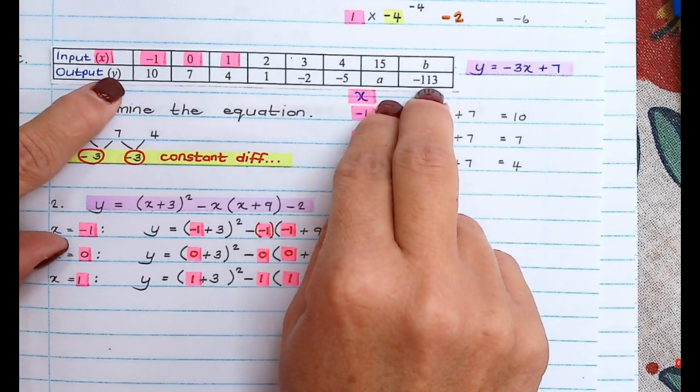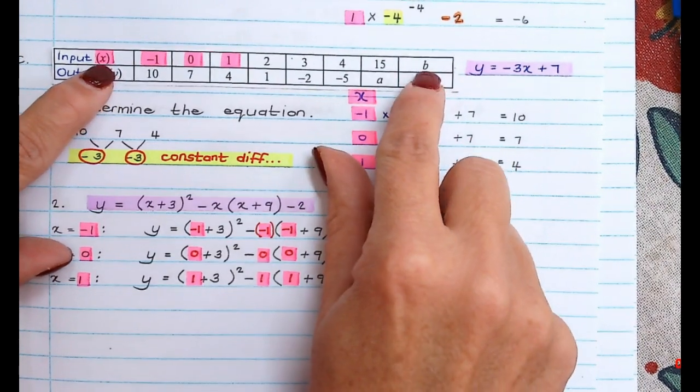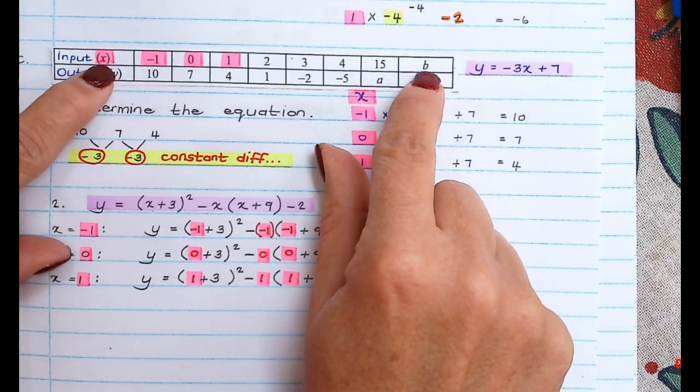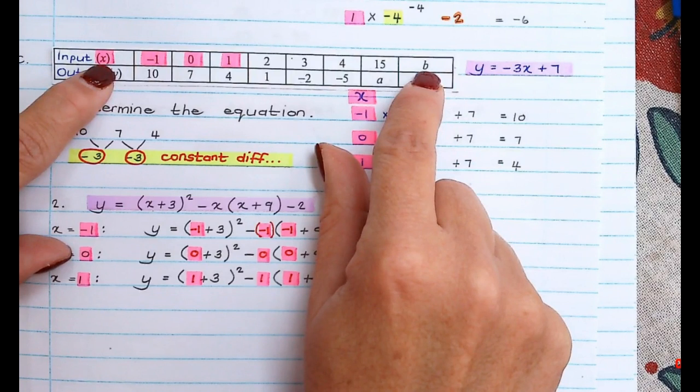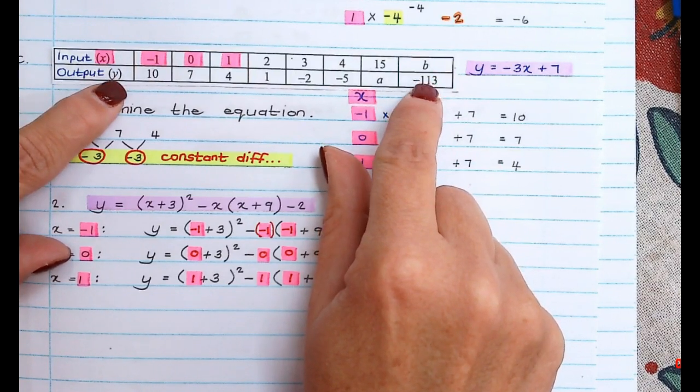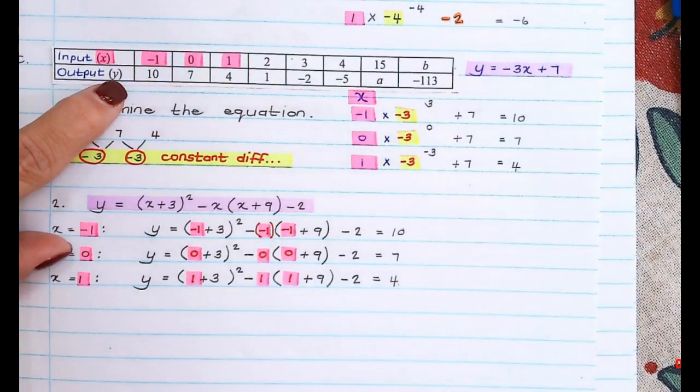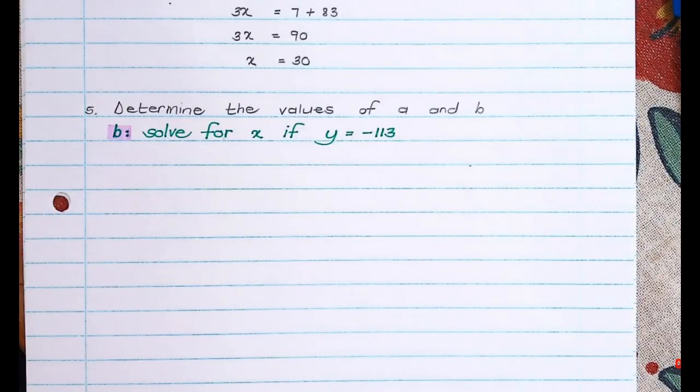So please make sure that you understand that. I'm going to repeat: if we need to determine the value of b, we are solving x if the y value equals minus 113.